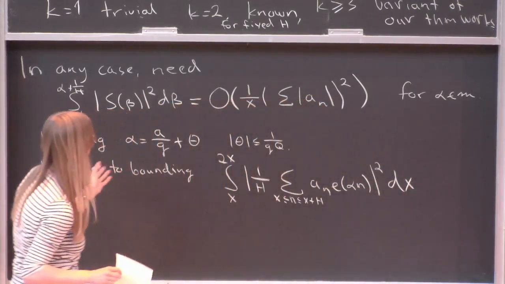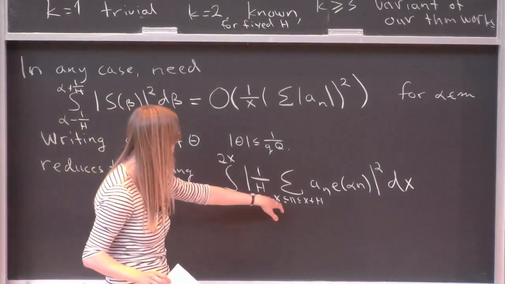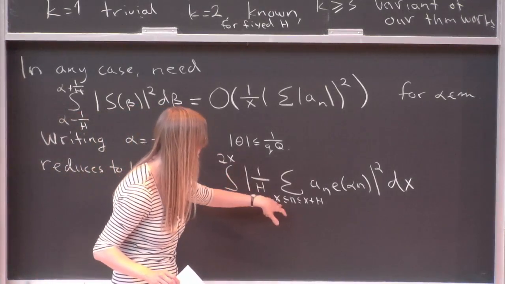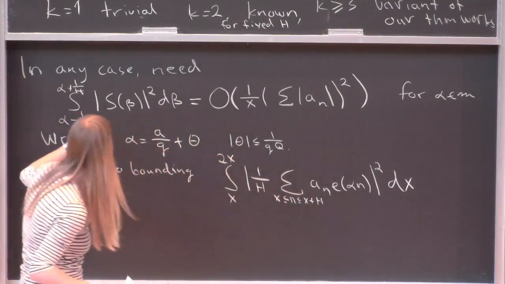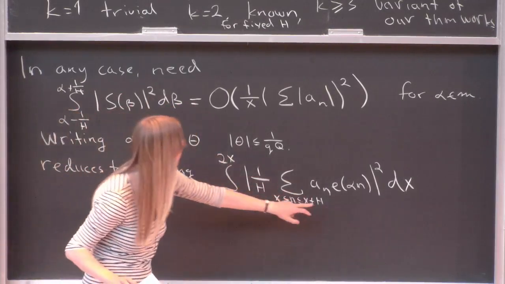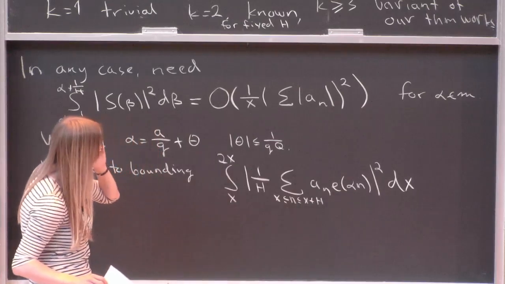So it reduces to looking at almost all intervals. I mean, we have a mean square over x here of length h. Here we have 1 over h, so it turns into intervals of length h.